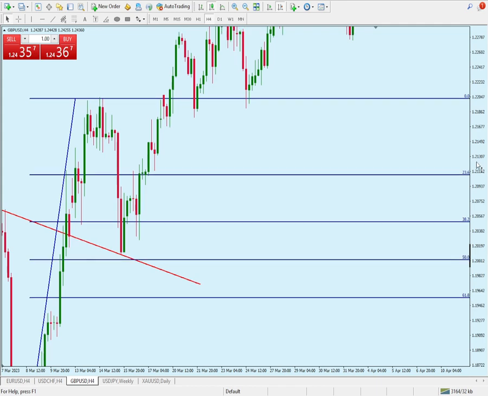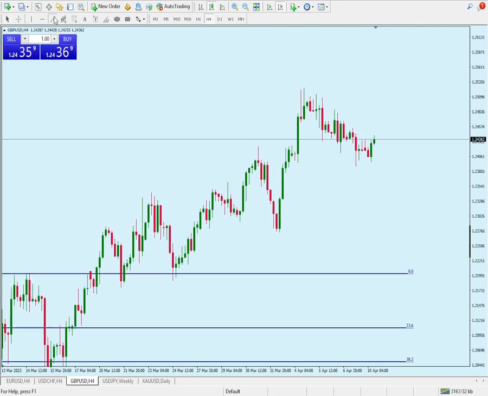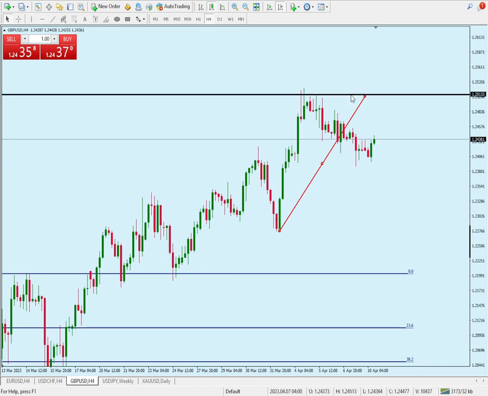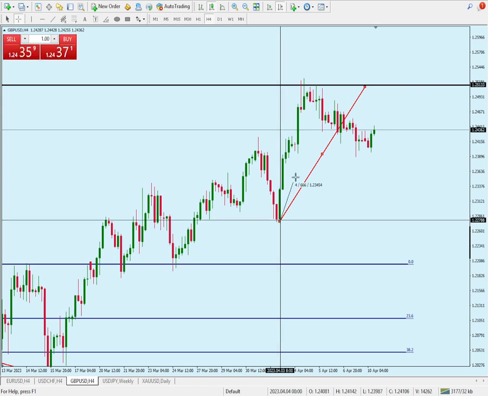So currently in the market, this structure followed by a 61.8% retracement was active, and from here we took this buy trade on 3rd of April. The market went up for 245 pips.